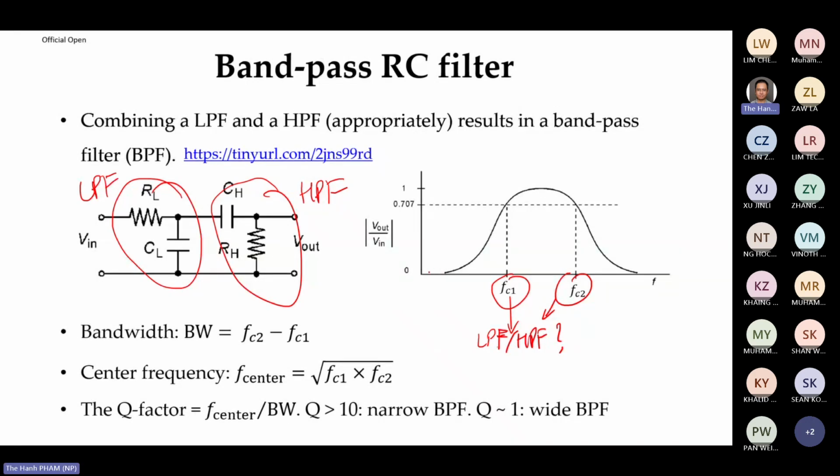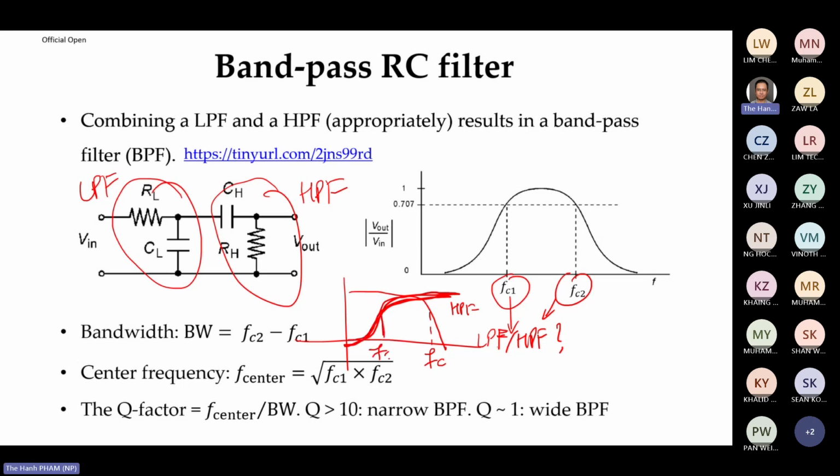It is because you can think of this as two processes. The first step is the signal passes through the low pass, so you keep the signal like this, and here you have one FC. And the high pass should be something like this, to remove some frequencies here.